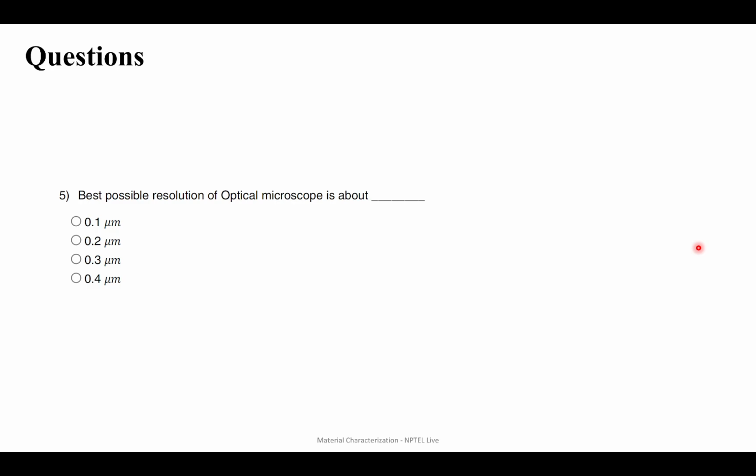Best possible resolution of optical microscope is about 0.1 micron, 0.2 micron, 0.3 micron, 0.4 micron. That is correct. The answer would be A, 0.1 micron.